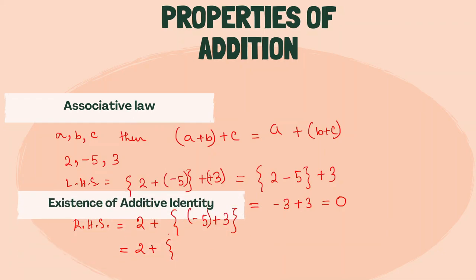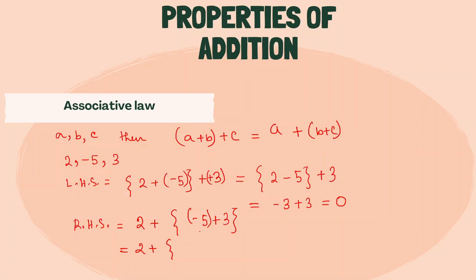Minus 5 will be minus 5 and plus 3 will be plus 3, so it becomes minus 2.